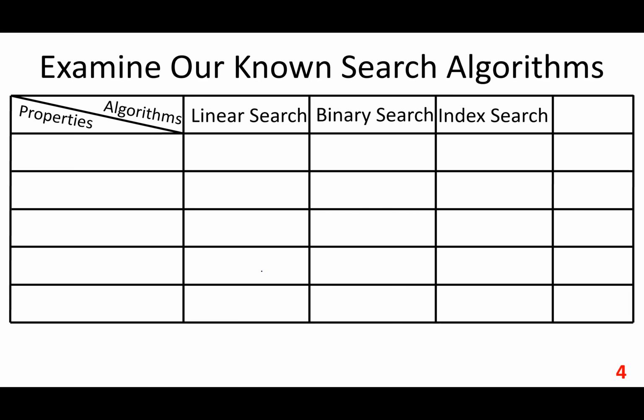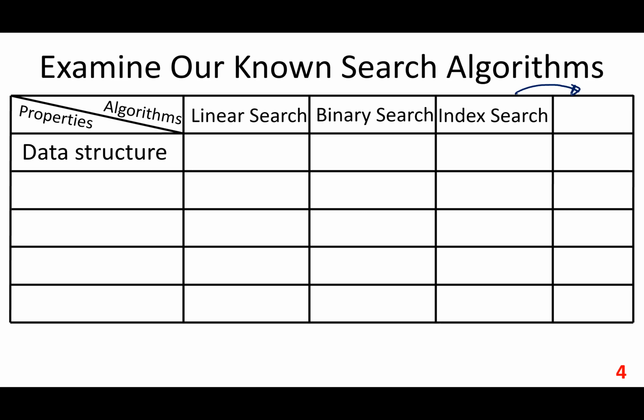Actually, it is not very popular because it has a big drawback. So in real world applications it is rarely used, but it has a good property. That property could be used by our new search algorithm. We'll see that.